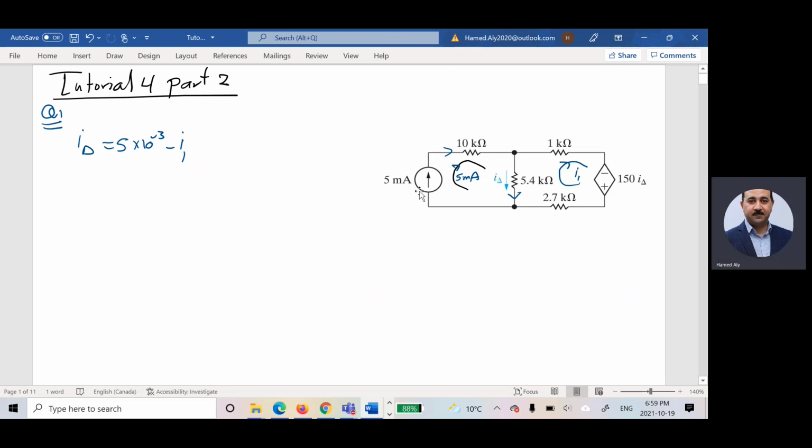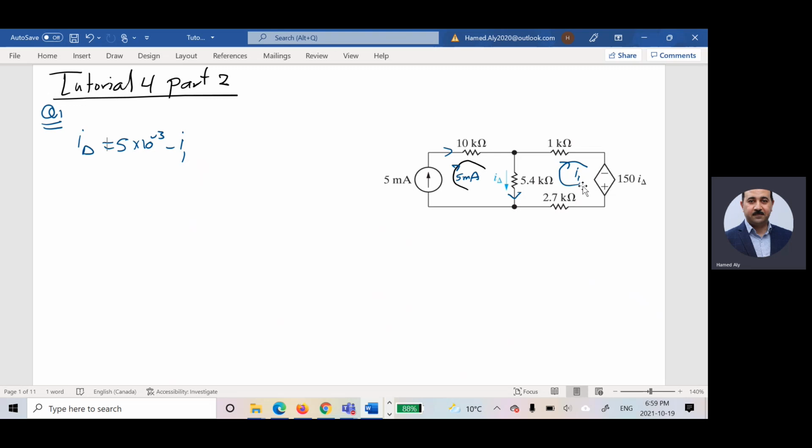Yes, because I don't know the voltage across the 5 milliamps. So if I started by saying summation and the voltage here is equal to 0, I have to assume this voltage first. But I don't like to see many unknowns. I'd like to write the minimum number of unknowns in my equations as much as I can. So I will start writing this equation first, and I'll see if I can solve it. That's okay. If not, I'll write the other mesh equation.